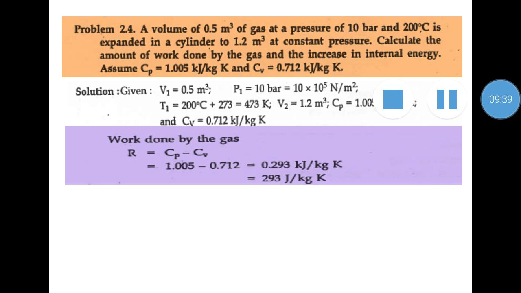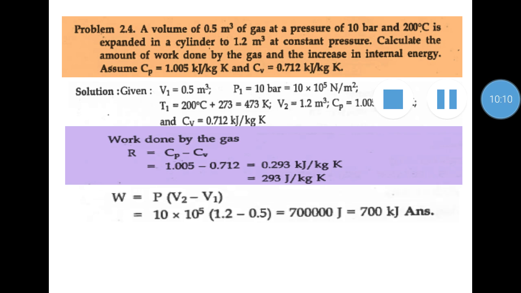So for calculating the work done we need R. Cp is 1.005, Cv is 0.712. After filling all these values we get 0.293 kilojoule per kg Kelvin, but we want it in joule per kg Kelvin. That's why we multiply by 1000. Kilojoule means 1000 joule, so 0.293 into 1000 becomes 293 joule per kg Kelvin.